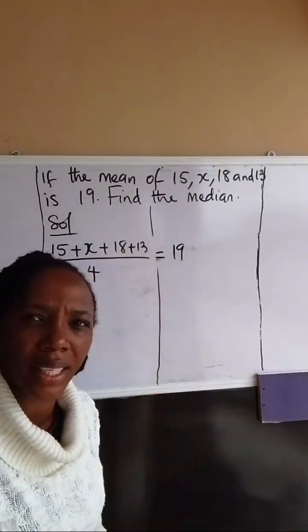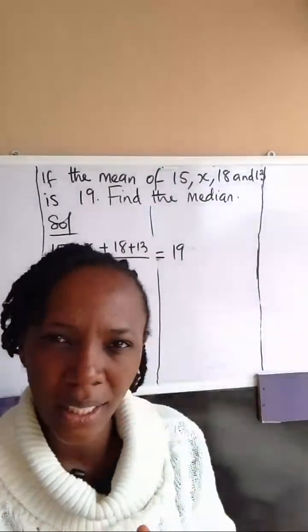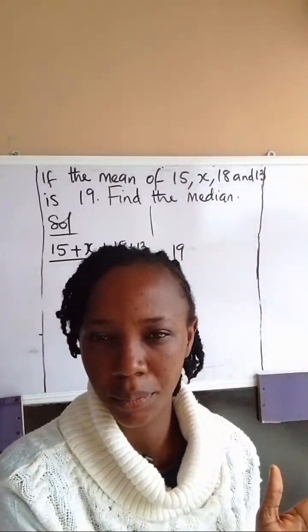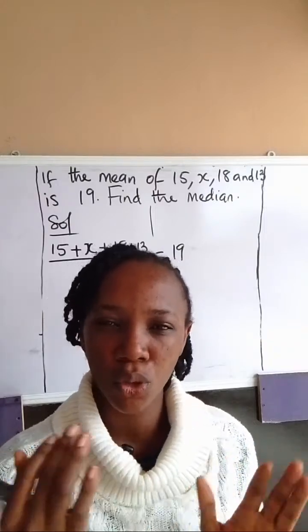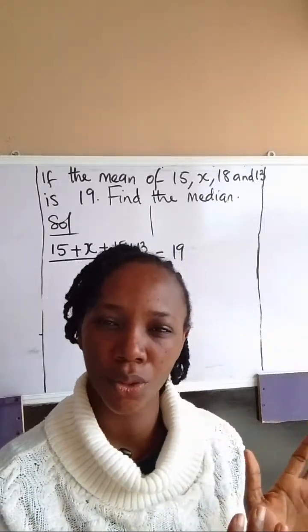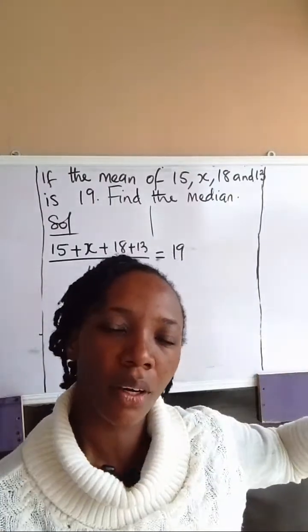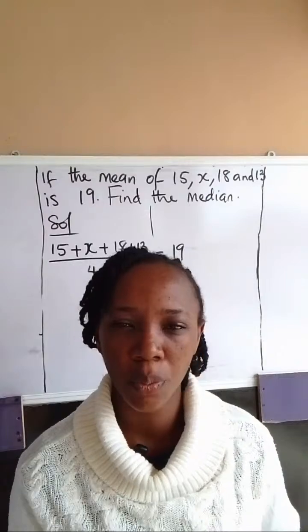Remember, the formula for finding the mean is to add up the numbers and divide by the total number present. So you add the numbers given to you, the variables, and then you divide by the number of those variables. Hope it's clear.